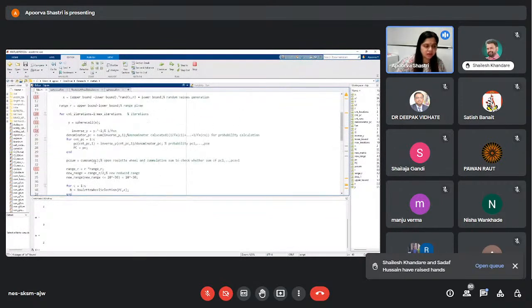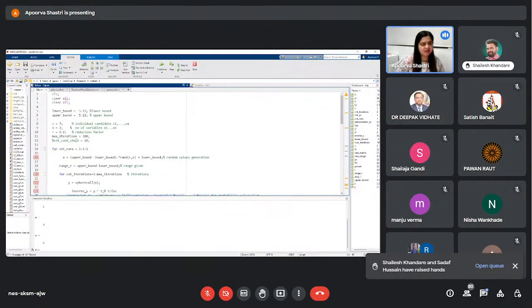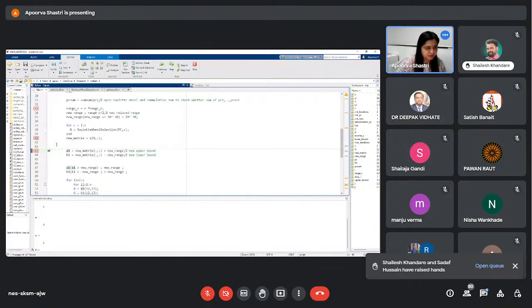Candidate 1 is not followed by anyone. We have seen 233. So candidate 2's values are 1.3607 and minus 3.9051. If you check here, candidate 1 follows candidate 2, so the values are candidate 2's qualities. Candidate 2 follows candidate 3, so these are the qualities of candidate 3. And candidate 3 also follows candidate 3 itself. So these are the values.